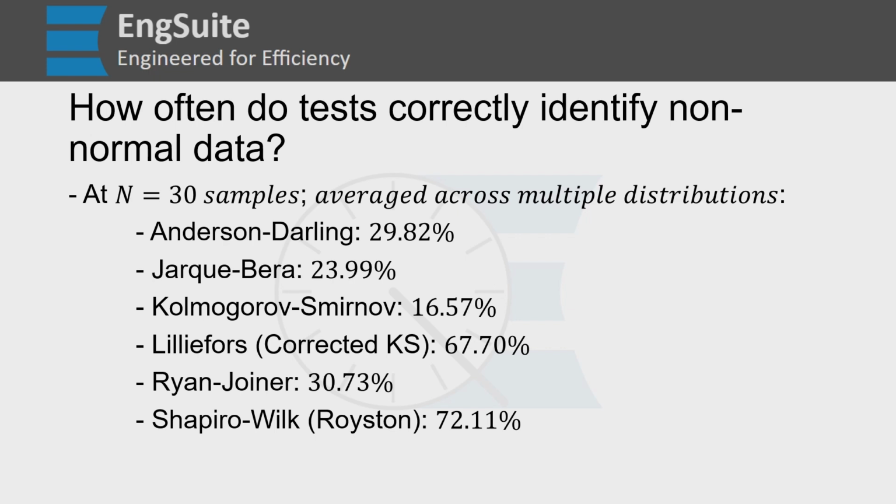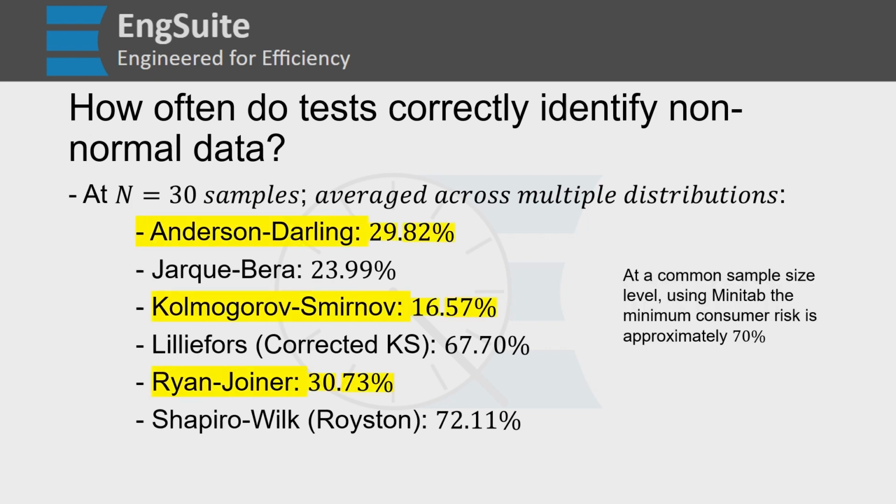But to me, that's wild. A test we rely on so heavily at 30 samples is going to be wrong 70% of the time with failing data. We didn't look at the type 1 error here. That's what our alpha level controls for. But here we see that when given non-normal data, it fails 70% of the time.